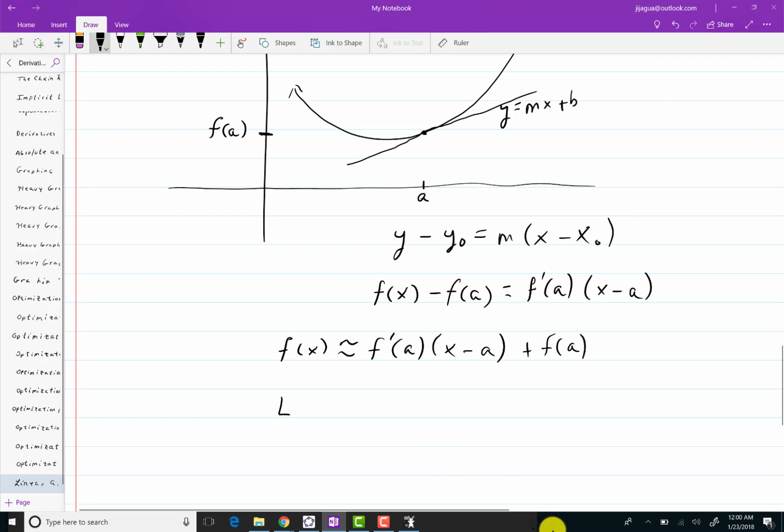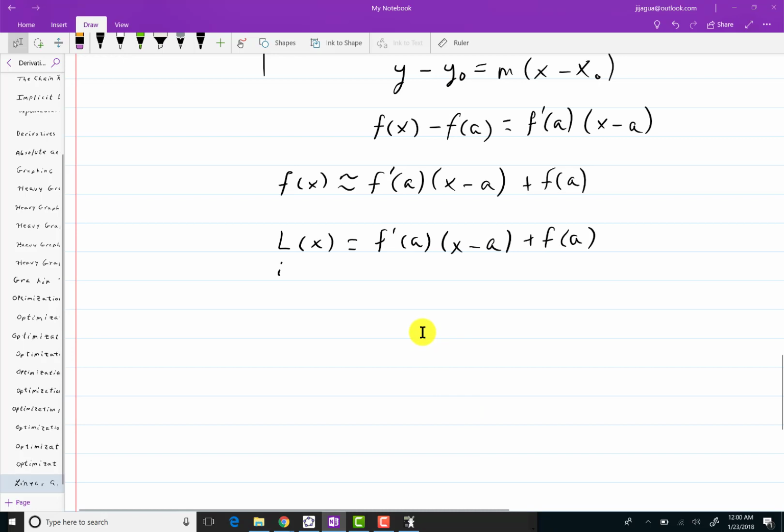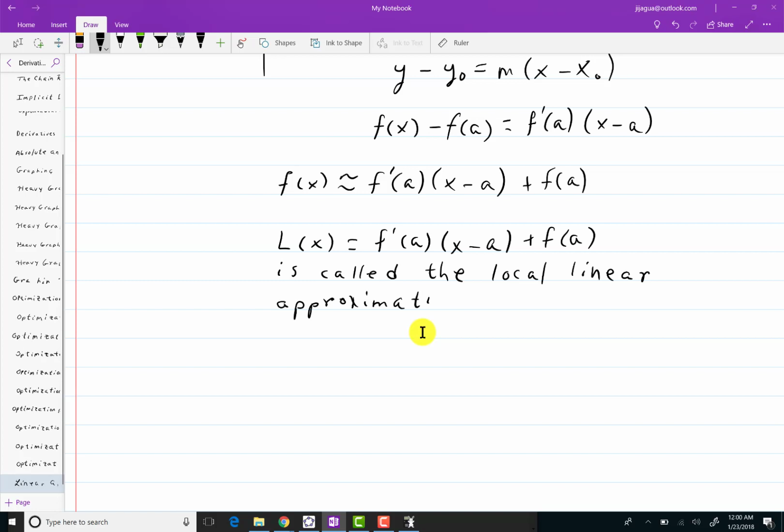And then we usually define this thing, L of x equals f prime of a times x minus a plus f of a, is called the local linear approximation to f of x at x equal to a.